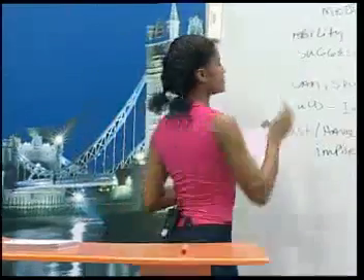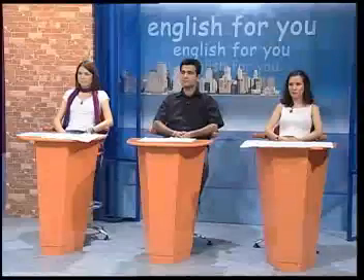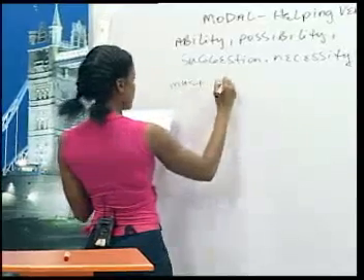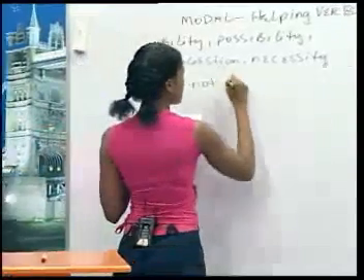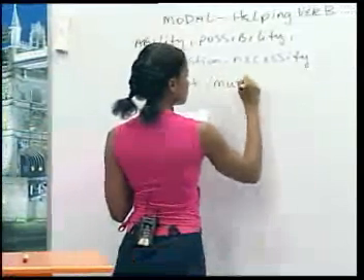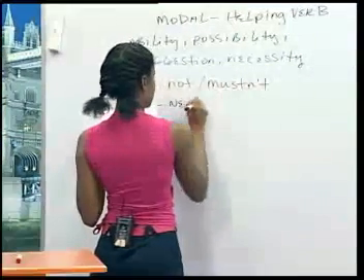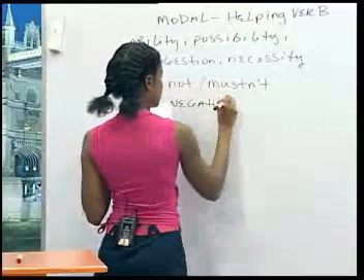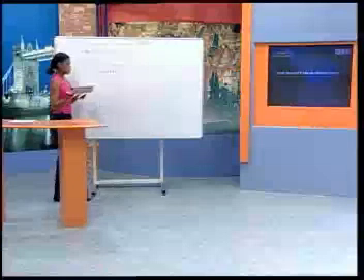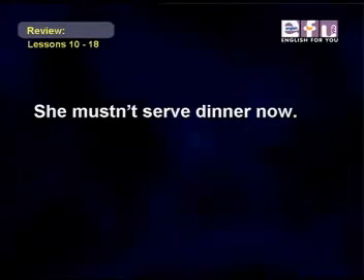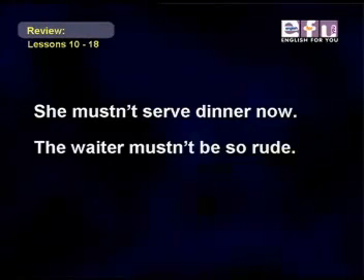Okay, thank you, everyone. Now, we can use must not or mustn't for negative sentences. Okay, for example, she mustn't serve dinner now, or the waiter mustn't be so rude.